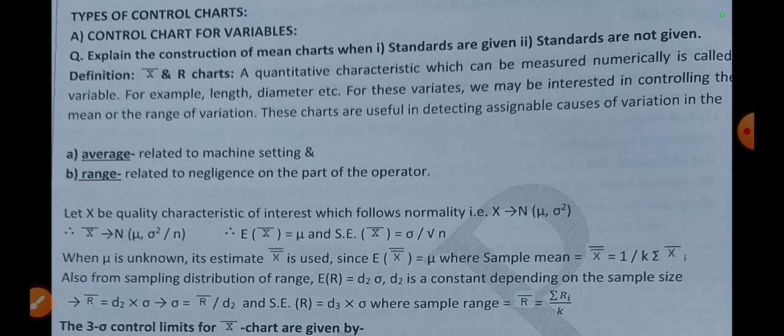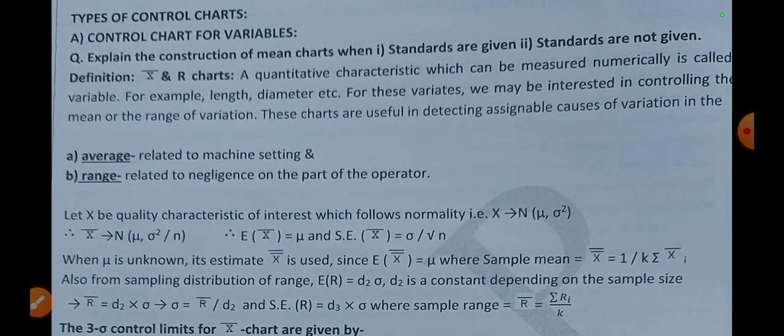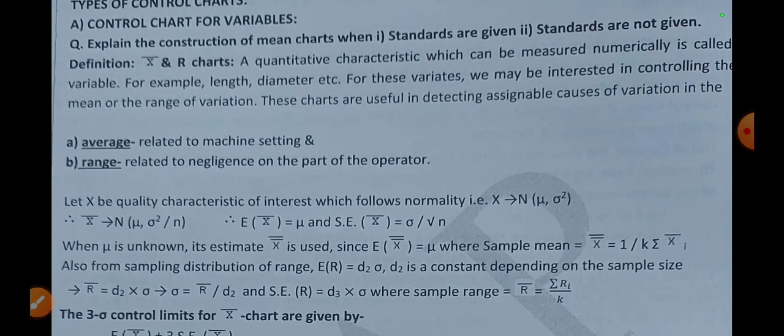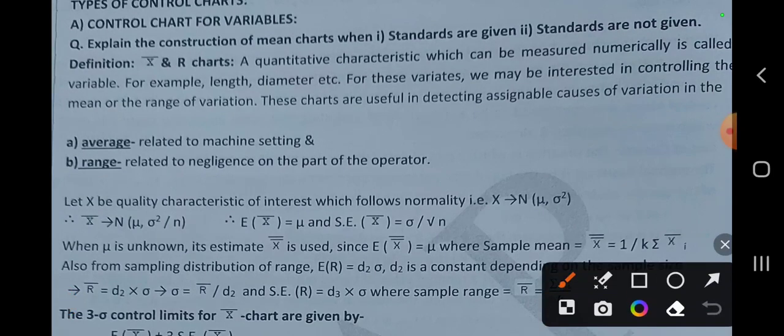Whereas for variable charts, what is meant by variable? A variable is a quantitative characteristic which can be measured numerically. So those characteristics which can be measured numerically are called variables.